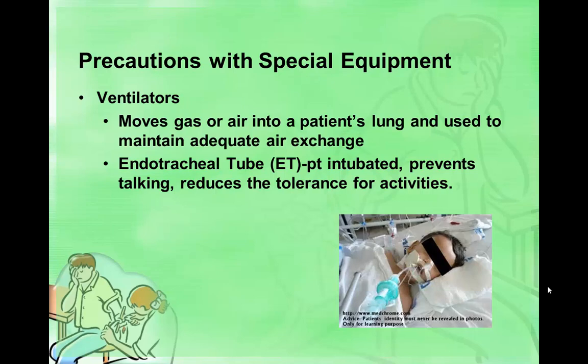Precautions and special equipment. Some patients you may work with may be on ventilators. A ventilator moves gas or air into the patient's lungs and is used to maintain adequate air exchange. With an endotracheal tube, or ET tube, the patient is intubated, which prevents talking and reduces tolerance for activities.